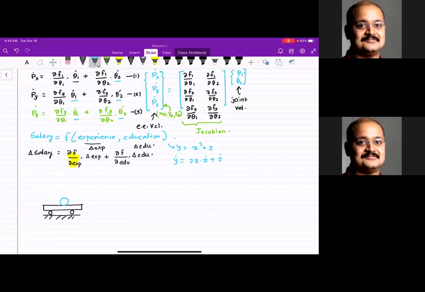Say the velocity of the ball is 3 meters per second, velocity of the cart is 5 meters per second, and you can think about this ball as sliding, not rolling. Just sliding. I'll take the rolling example in just a second.